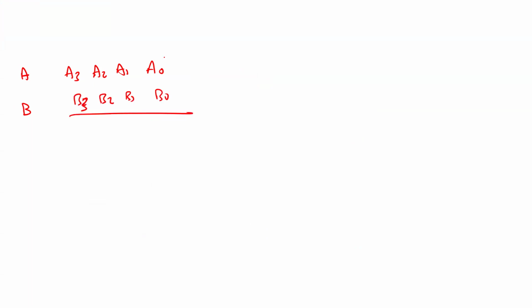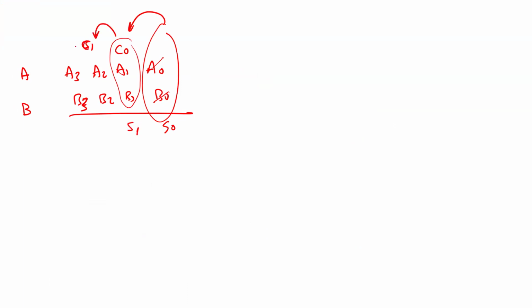When I add them together, A0 plus B0 should equal S0. And then if there is a carry resulted from this operation, this carry has to come to here. And now I have to add 3. So then I have here S1, and if carry C1 has to come here. Okay, same thing here. I'm gonna have S3, and then I will have a carry here.